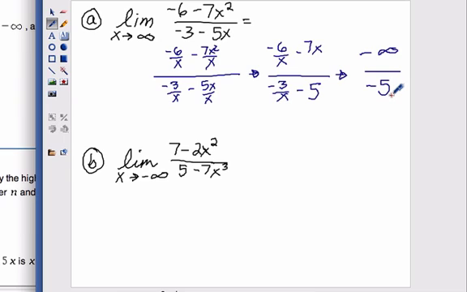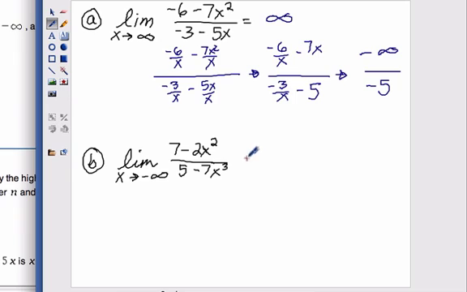It's getting closer and closer to positive infinity, right? If I take a bigger number and divide it by a negative 5, it's going to give me a bigger positive number. Okay, think about that. And so the limit as x approaches positive infinity of this value is positive infinity.